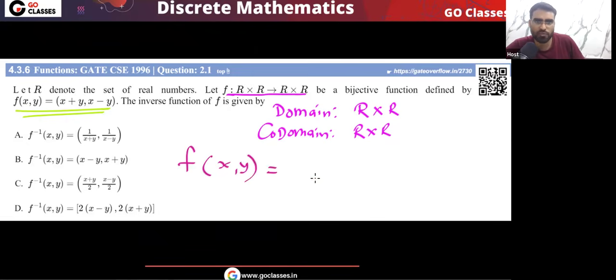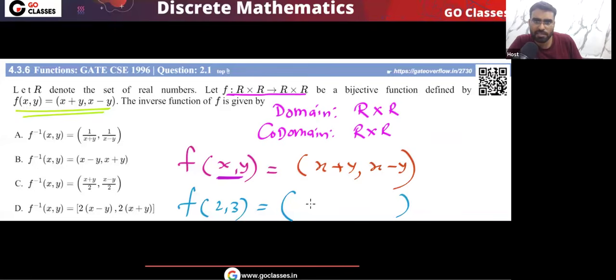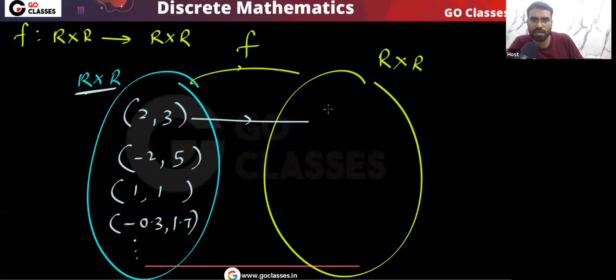Image of x comma y is x plus y, x minus y. So the image of 2 comma 3 will be 5 comma minus 1, right? Yes or no?